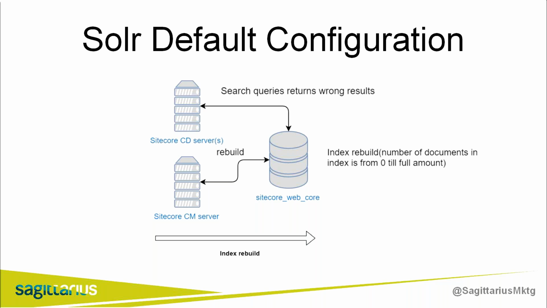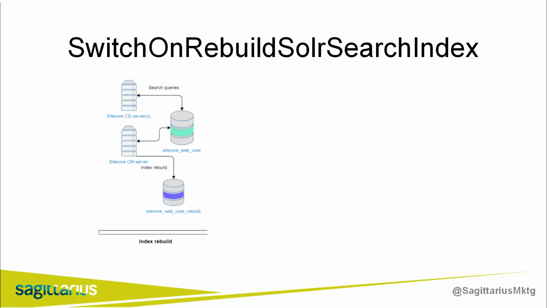But the same issue is with Lucene. When you start to rebuild an index on any of the servers, it can be CD, it can be CM, when it's starting, there are no documents, there are no search results. But with SOLR, this issue can be solved, and it is solved by the switch on rebuild SOLR search index configuration.